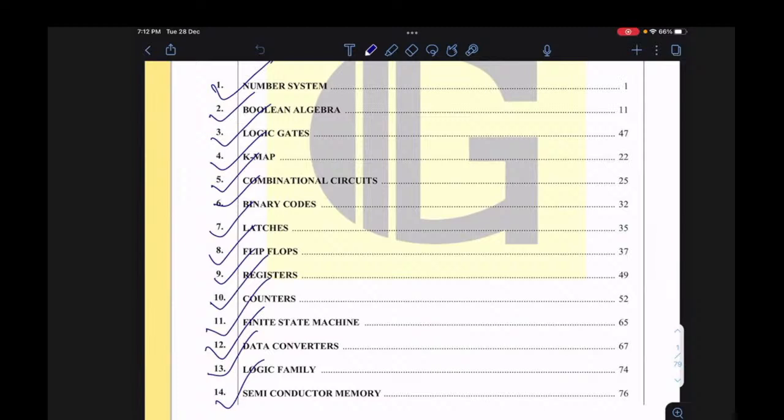Anirudh is asking, sir, why is minus 60 the 2's complement? Please repeat, sir. Anirudh, hopefully you have not listened to the theory lectures, so you're getting doubts.